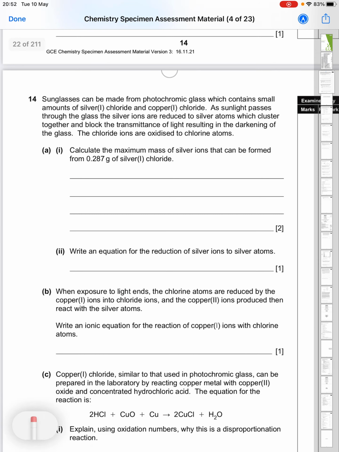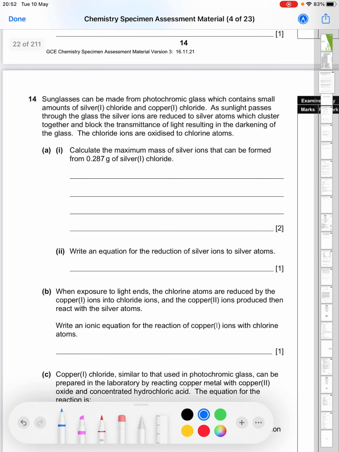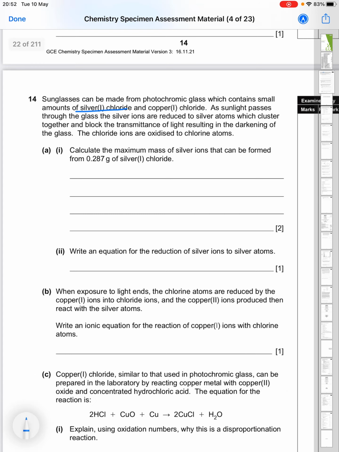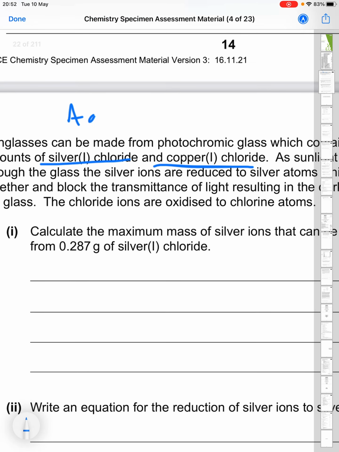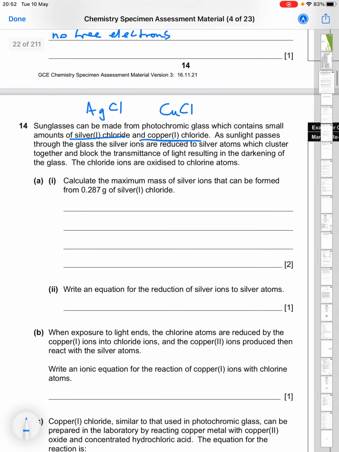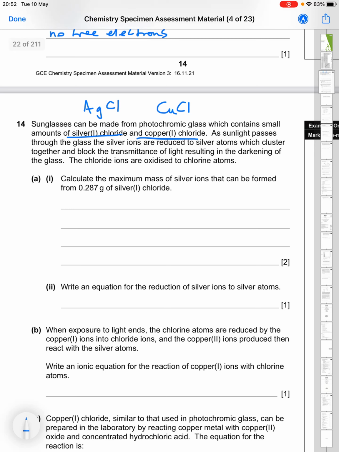Okay. Number 14. Sunglasses can be made from photochromic glass, which contains small amounts of silver(I) chloride and copper(I) chloride. The first thing I would do here is write down the formula for those, so AgCl and CuCl, because if they're giving them to you in the question, they're probably going to be important.